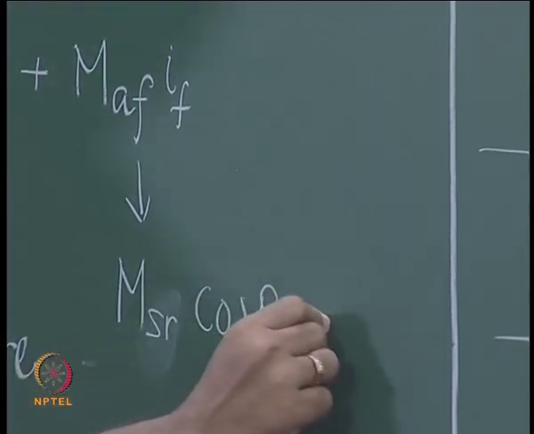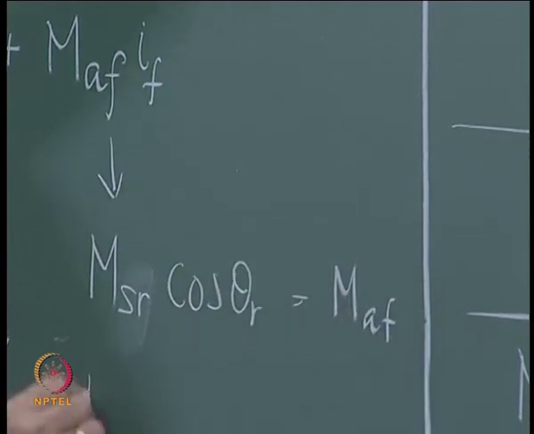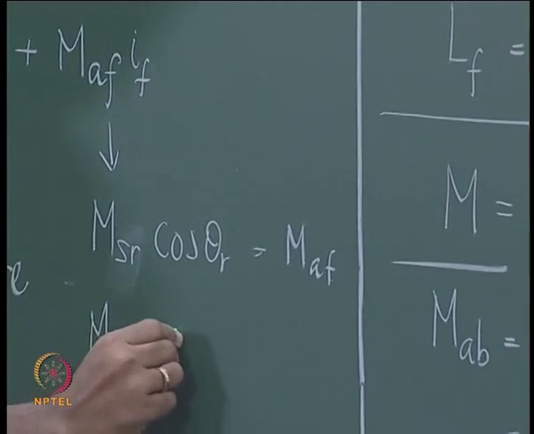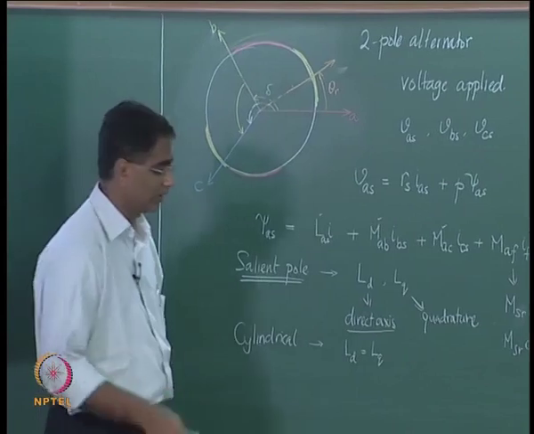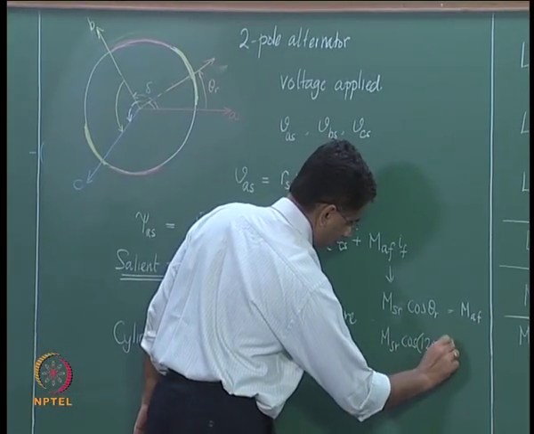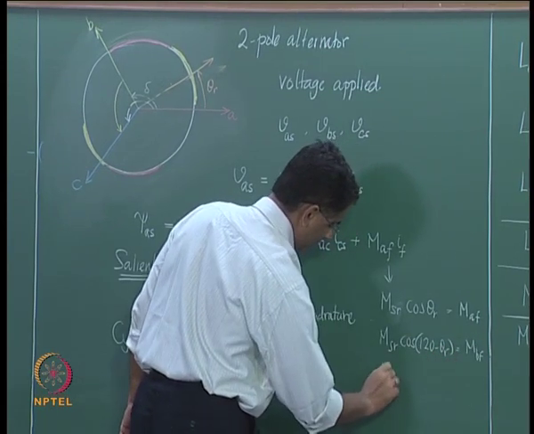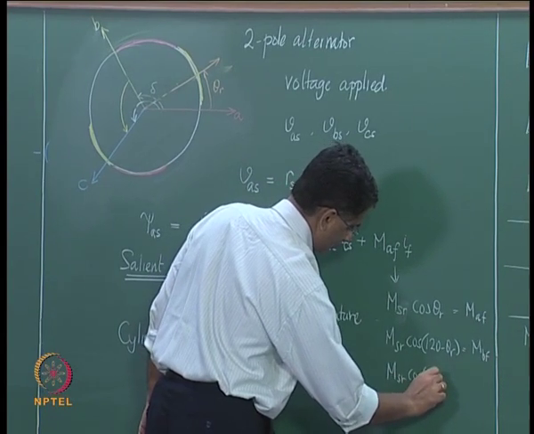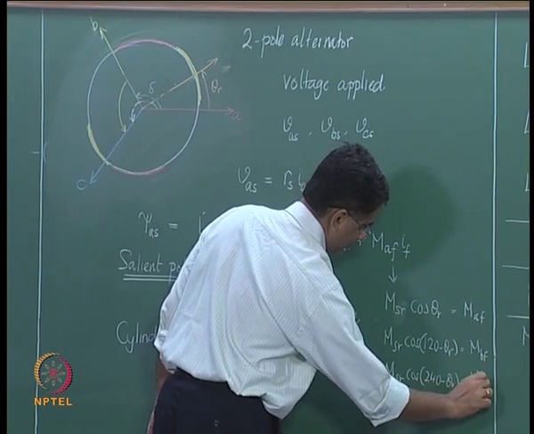So, this is mutual inductance between A and field, MSR into cos theta r. Between B and field will then be MSR into cos of this angle, which is 120 minus theta r, will be MBF, and then with the C phase it would be MSR cos 240 degrees minus theta r, will then be MCF.